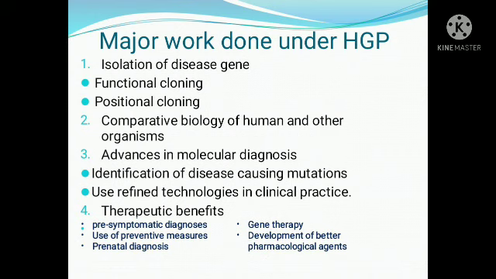Even in the prenatal period itself, we can identify. If we have the markers of Huntington disorder, which comes only later in old age, we can identify from childhood whether the person is prone to develop it. Use of preventive measures: if it is a nutritive disorder, by replacing it, preventive measures can be utilized.